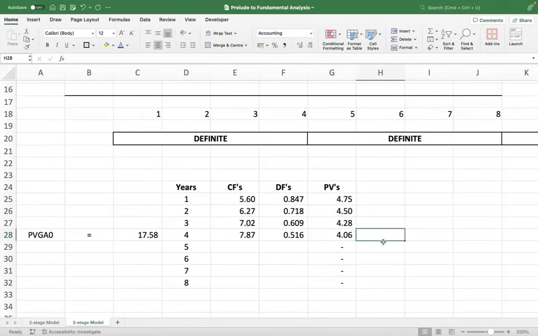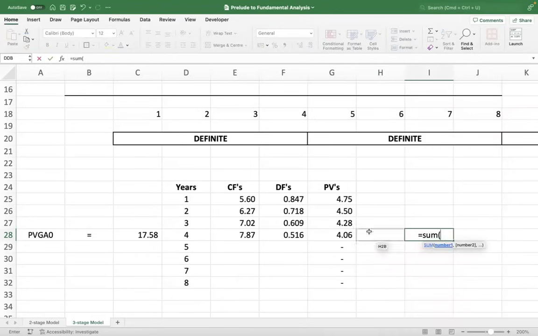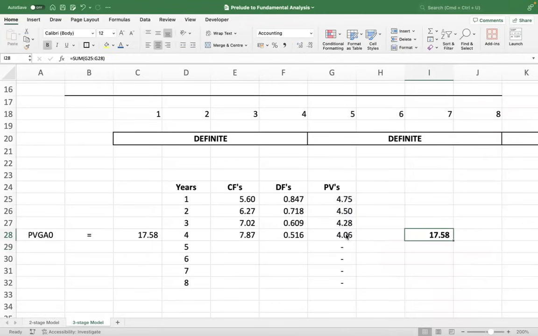Now, if you take a summation of these cash flows, what are you getting as the answer? 17.58. Right? So whether I use the tabular approach or the formula that I had told you, it will lead to the same valuation, which you can see on the screen also.